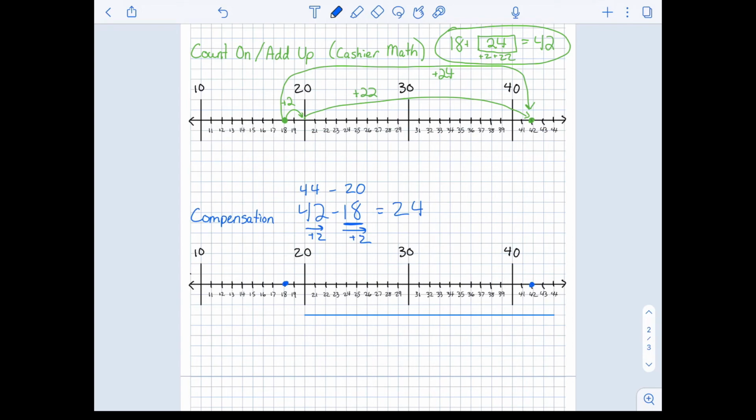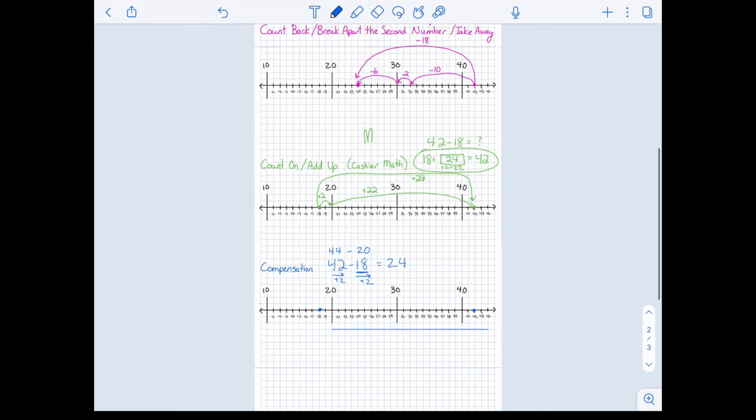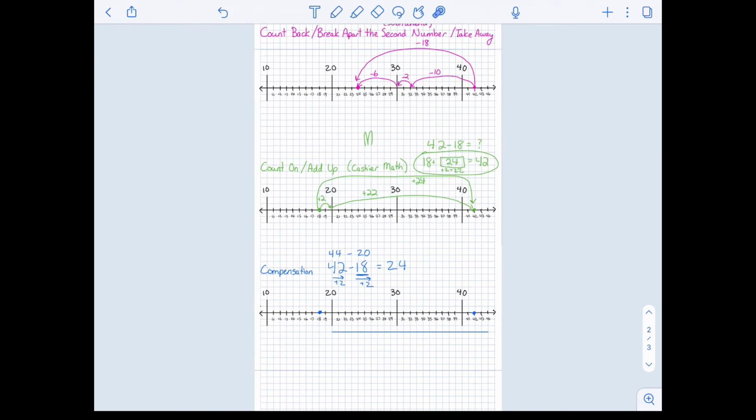You can see that the number lines, however, aren't all the same. So when we look at compensation and add up, these are both based on a distance understanding of subtraction. We had both of the numbers on our number line, and we either were shifting this line segment between them, or we were adding up in parts to see the distance between them.